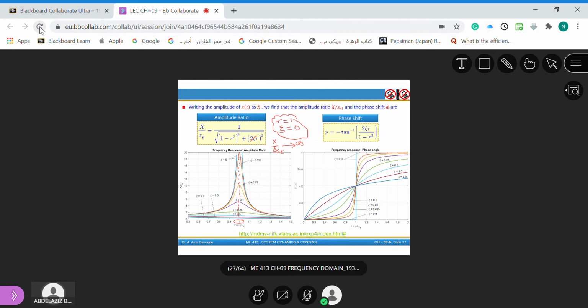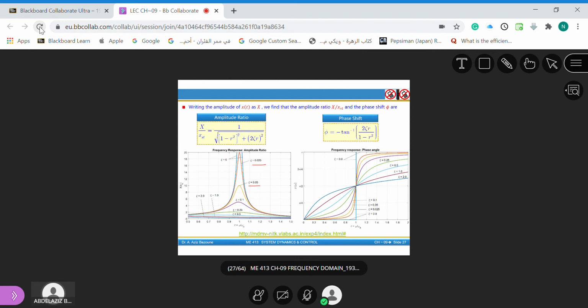Now, there is no problem if you start giving some values for the damping. This is what gives you the amplitude. As you can see, with small damping, the amplitude is high. With increased damping, the amplitude will be reduced.